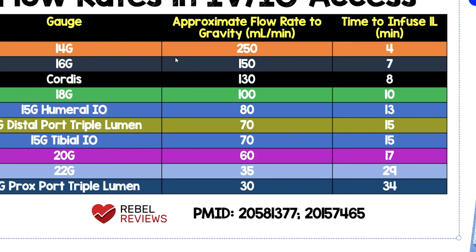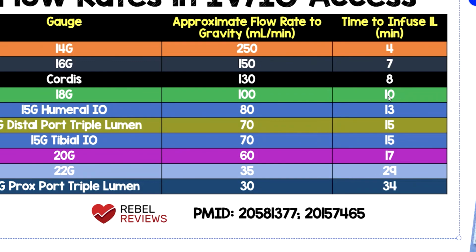But if you look at the 16 gauge, so if we look at flow rate to gravity, we have 150 milliliters per minute and about 7 minutes to infuse 150 milliliters. Look at the 18 gauge. The 18 gauge, if we look at 100 milliliters per minute, we're looking at roughly 10 minutes.